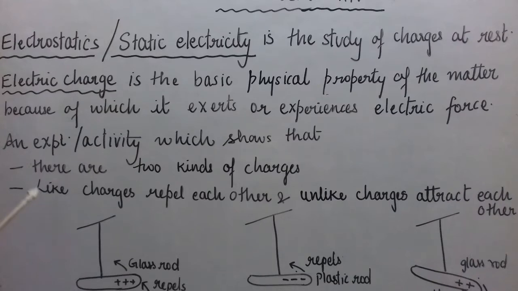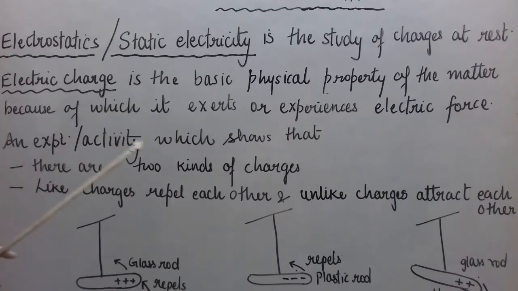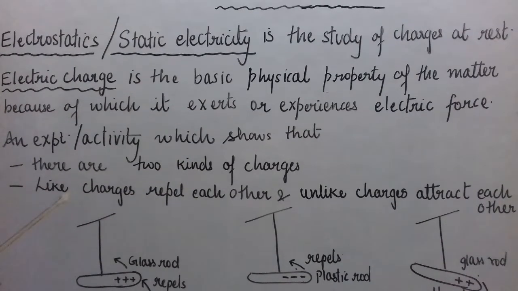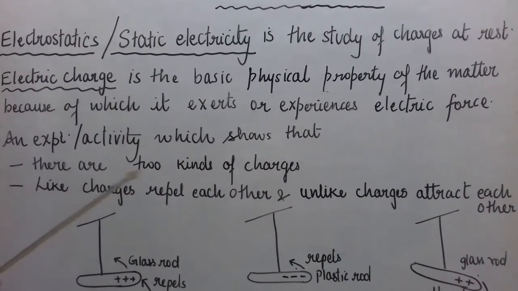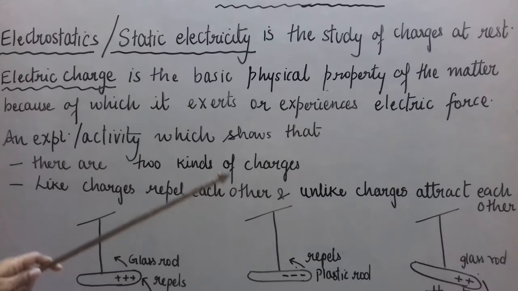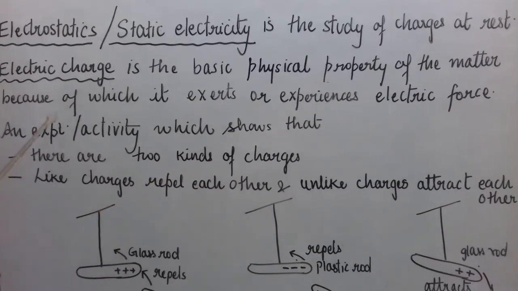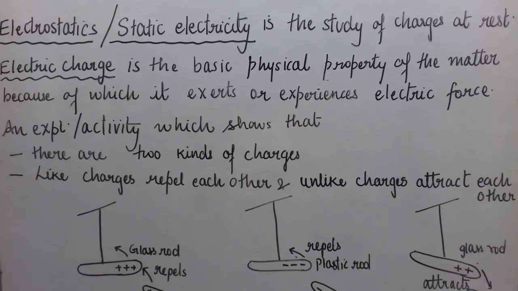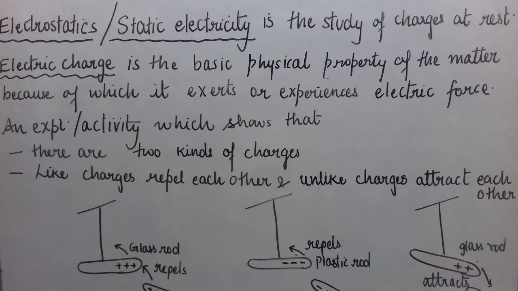Let us discuss an activity or experiment which shows that there are two kinds of charges, and like charges repel each other and unlike charges attract each other. But before we start with this, let me tell you when a body is said to be electrified or charged.